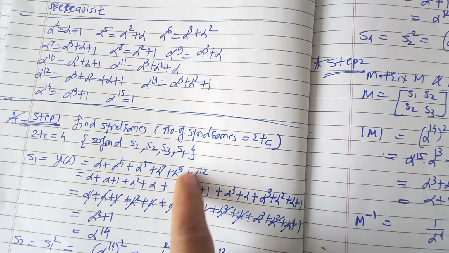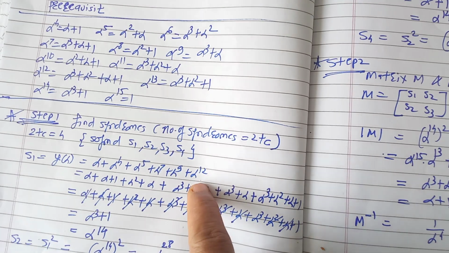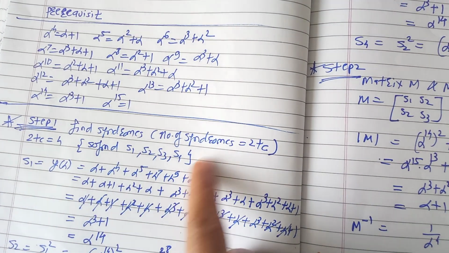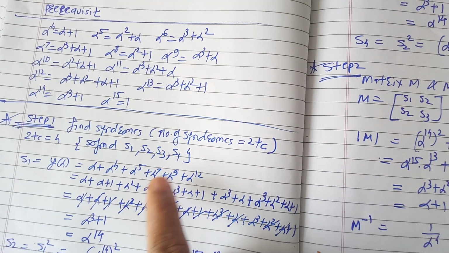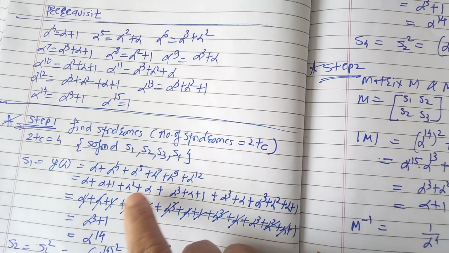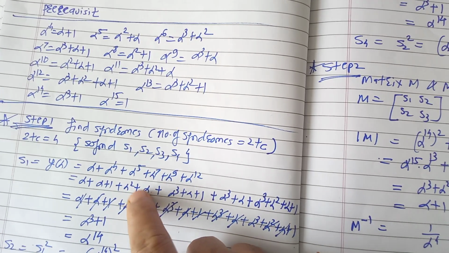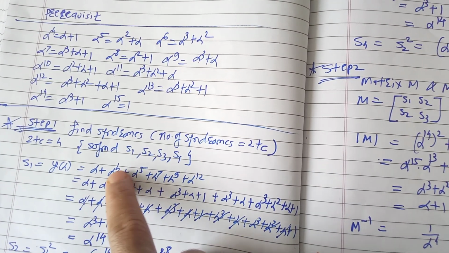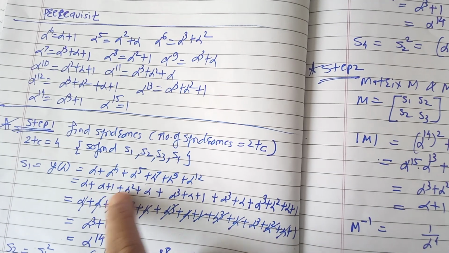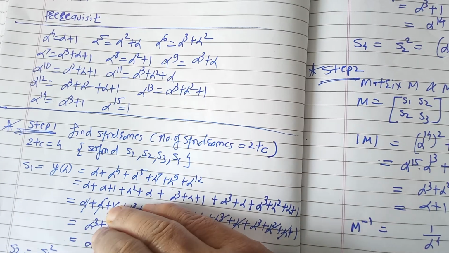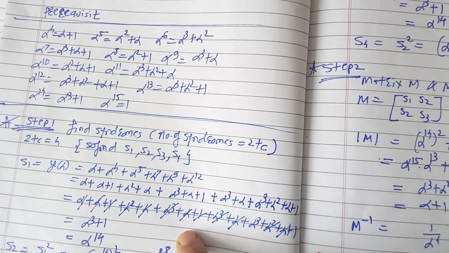Now you have to cancel out similar terms. I have written it again here, because if I cancelled it out directly you might not understand what was done. You could combine the two steps, writing the values of alpha 4 and alpha 5 and cancelling out similar terms, but for your understanding I have written it again.